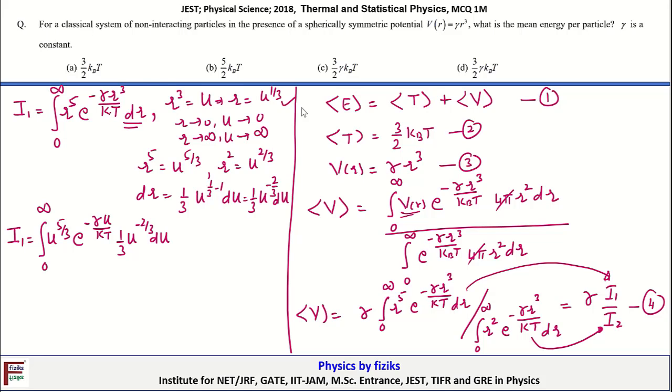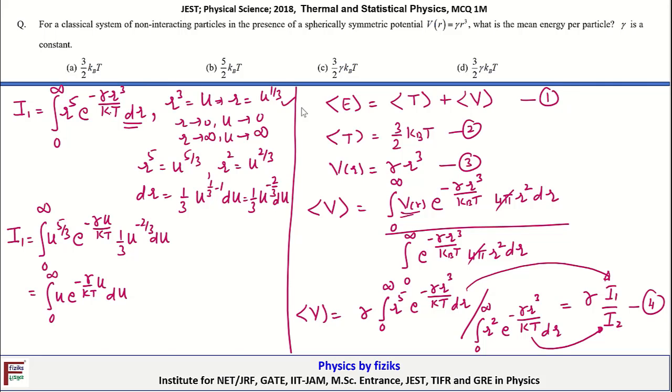Okay, and after solving it from 0 to infinity, u^(5/3 - 2/3) will give us u. So u exponential minus gamma upon kT u du. Okay, so this can be solved by integration by parts, so that we will do on the next page.